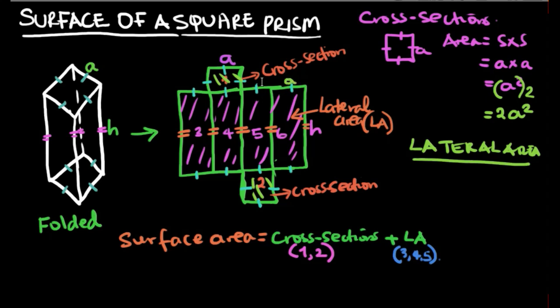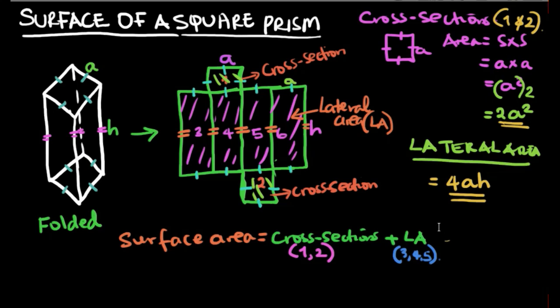Remember, this is A and this is H. So we get A times H four times, and that gives us 4AH, because we get 3, which is A times H, 4, A times H, 5, A times H, 6, A times H. So that is the lateral area, and this is the area of cross sections 1 and 2.